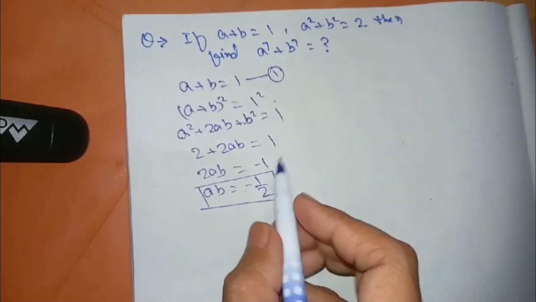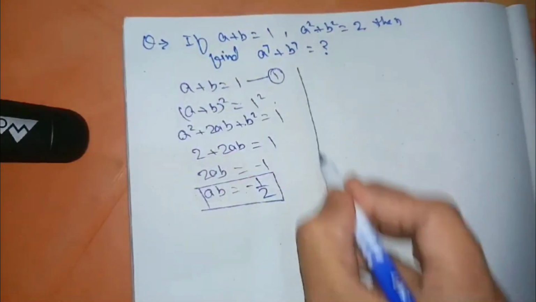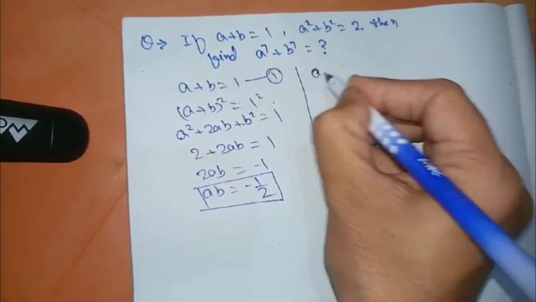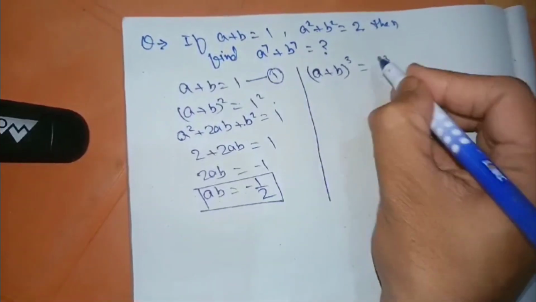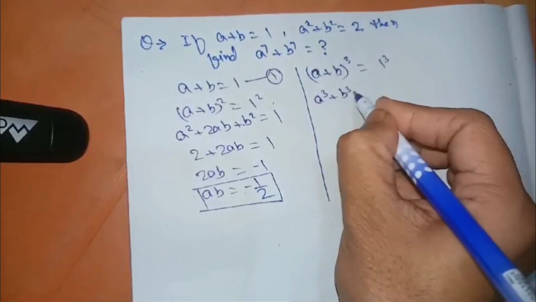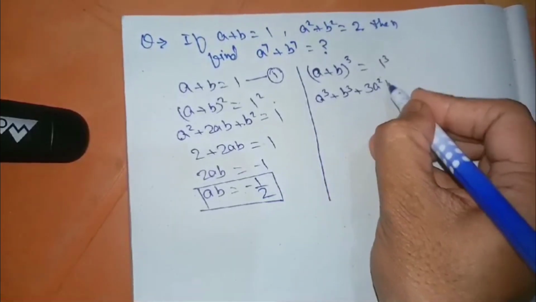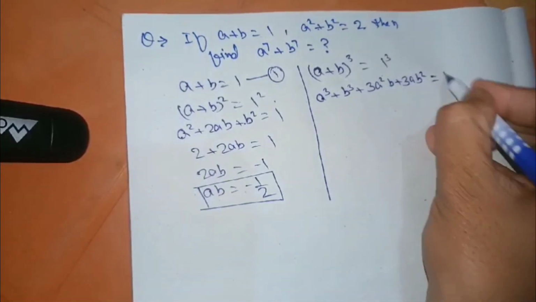Now again we are going to cube a plus b equal to 1. After cubing, (a plus b) cube equal to 1 cube. So it becomes a cube plus b cube plus 3a square b plus 3ab square equal to 1.